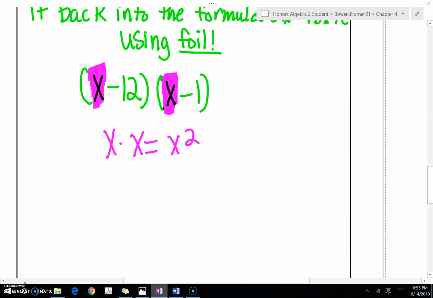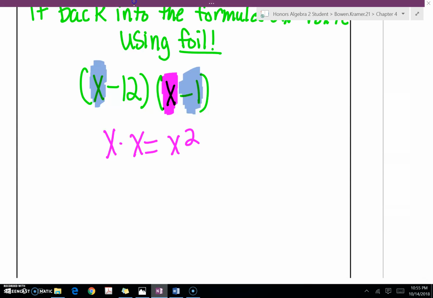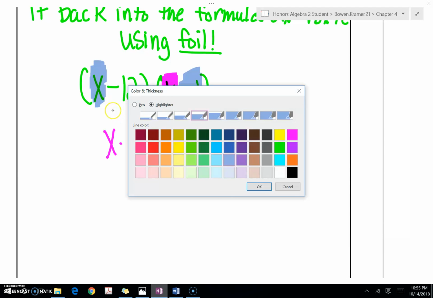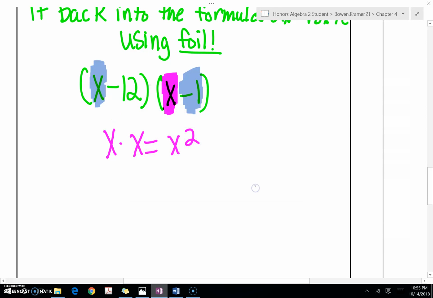We're going to take the two outermost terms of the two pairs. So this x and this -1. Since it's subtracting, remember we have to remind ourselves that it's a -1. So x times -1 equals -x. That's very important to remember, the -x.